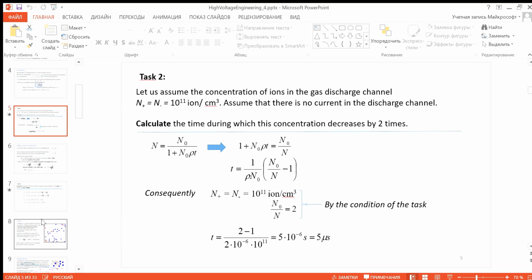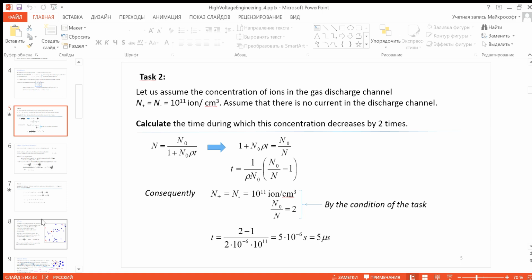Let's assume the concentration of ions in the gas discharge channel n plus equals n minus, so natural, and equal to 10 power 11 ions per cubic centimeter. Assume that there is no current in the discharge channel. So calculate the time during which this concentration decreases by 2 times.